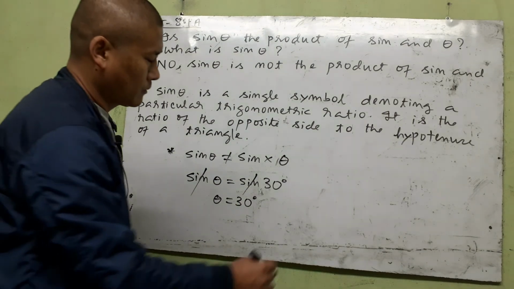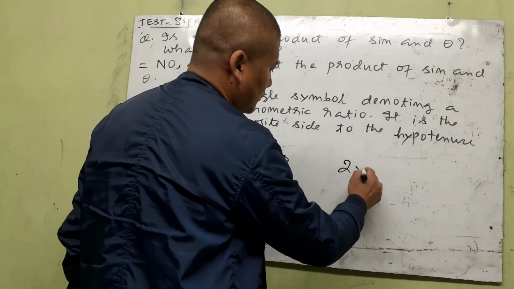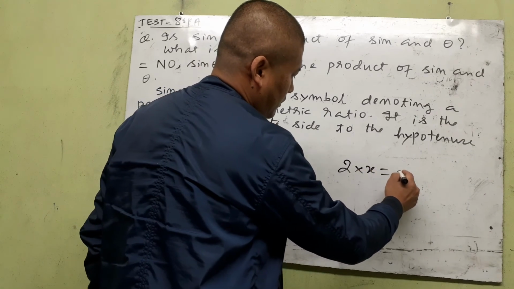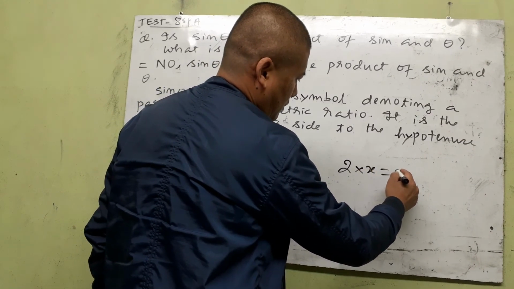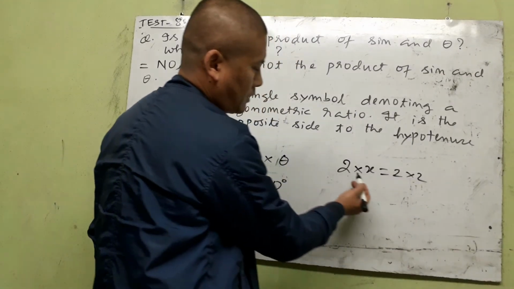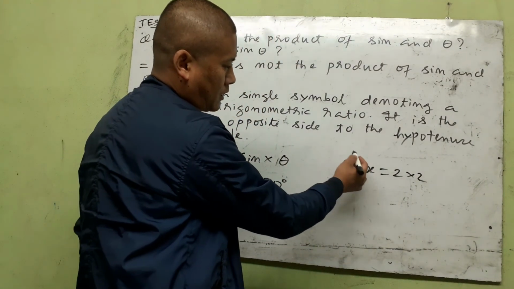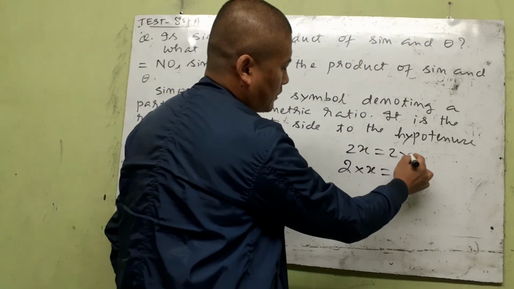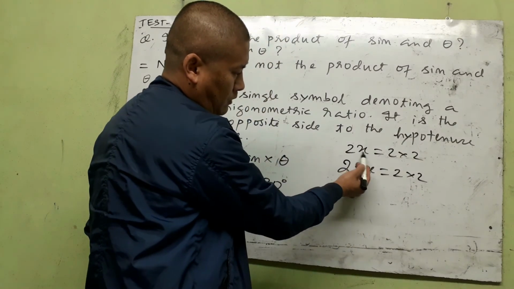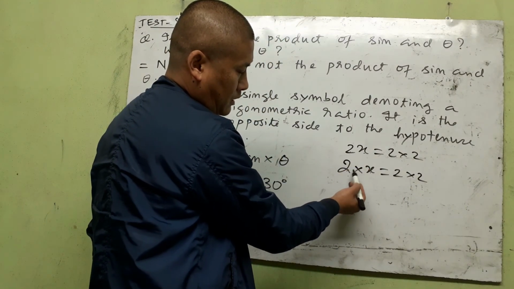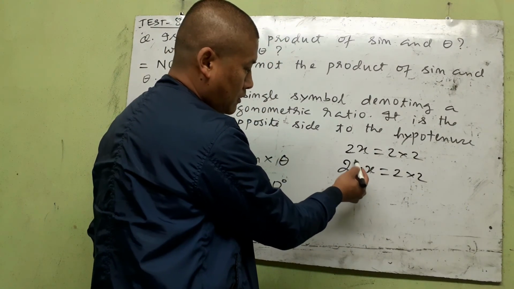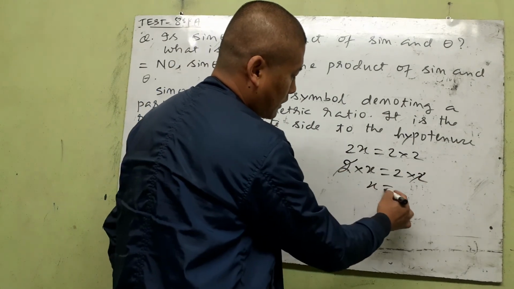Because you see, when you write here 2 into x equal to 2 into 2, then 2x is the product of 2 and x. So we can cancel like this and we can write x equal to 2.